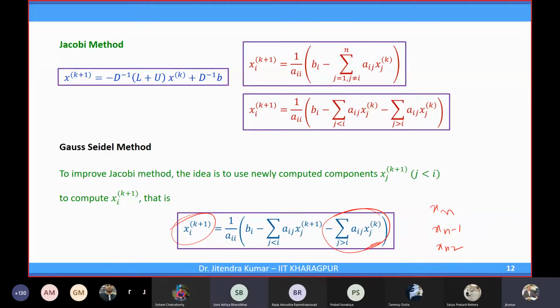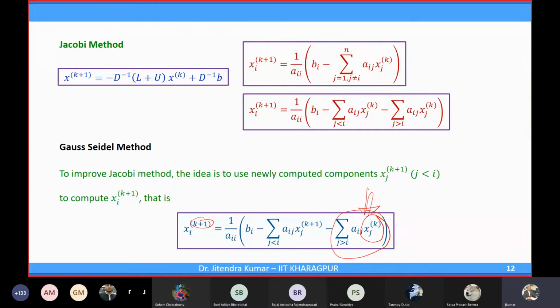Sir, so we have all the components now, but in xi at the k plus 1th iteration, the last term, the j greater than i term, is still approximate, from the previous iteration. After calculating x1, x2, x3 till xn, we have all the components, so we can resubstitute and get xi, but that goes to the next iteration, k plus 2.